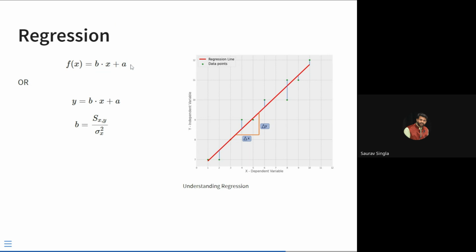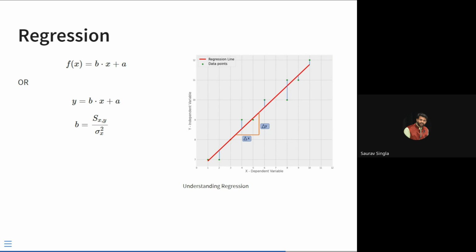We want to figure out that value of m and that value of c which minimize all the distances from the straight line. Okay, in actual words it is the squared distances. We want to minimize the square of the distances.